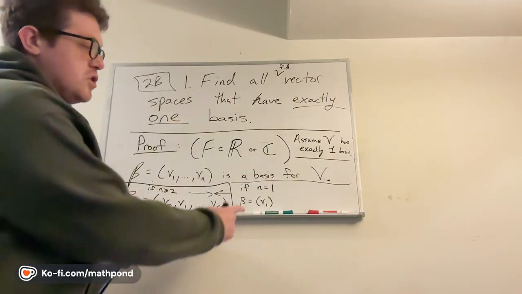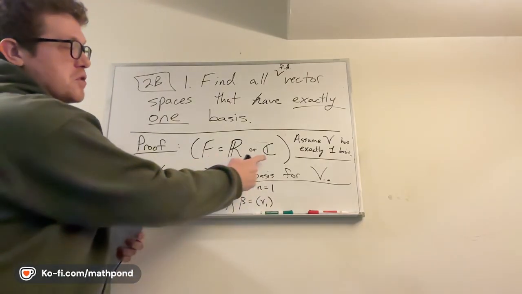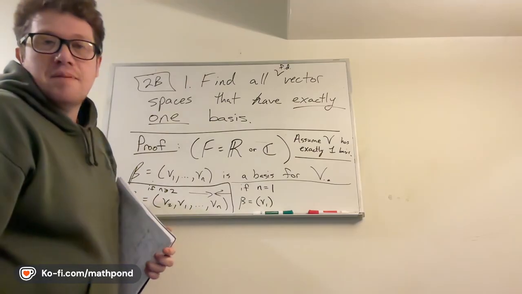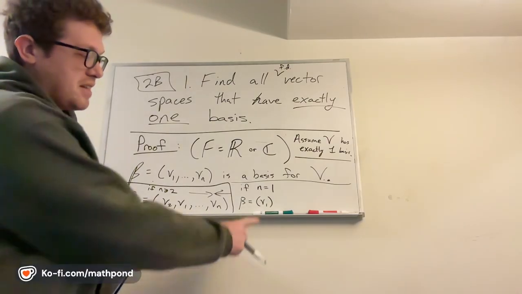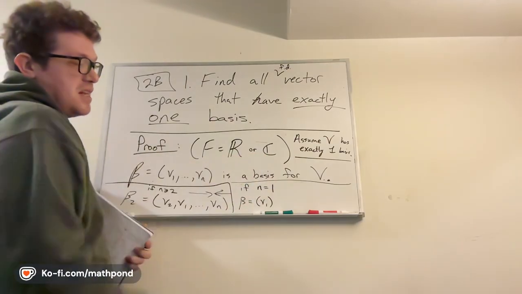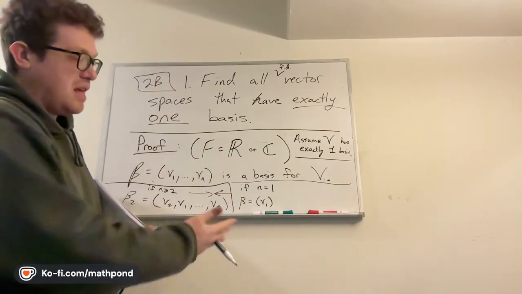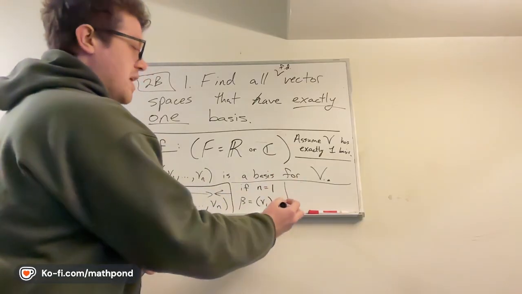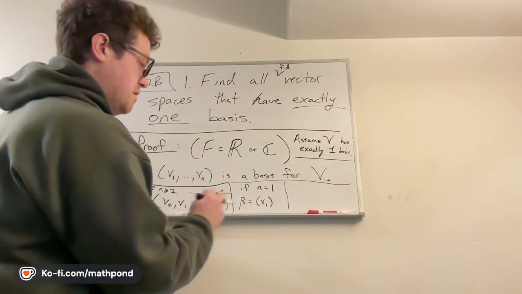So if n equals 1 and F is the real numbers or complex numbers, we actually have infinitely many choices for other bases. I can multiply by any number from the field that's not 0, which there's uncountably many, and I get a different basis. So that's another contradiction in this case.